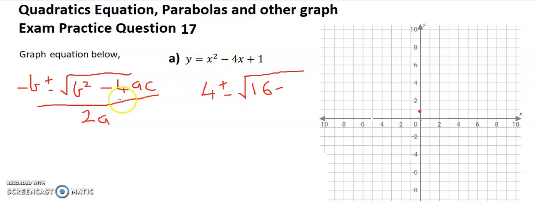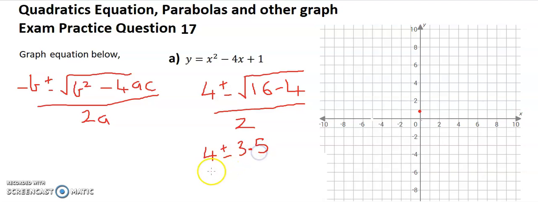Minus, and then I've got my negative 4 times a times c, which is negative 4 times 1 is negative 4, divided by 2 times a, which is 2. 16 minus 4 is 12. So I'm given the square root of 12, let's use a calculator for this, is 3.4 or 3.46, which I'll round up to 3.5.